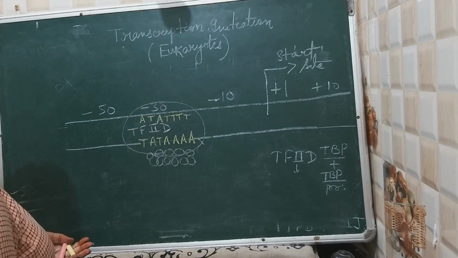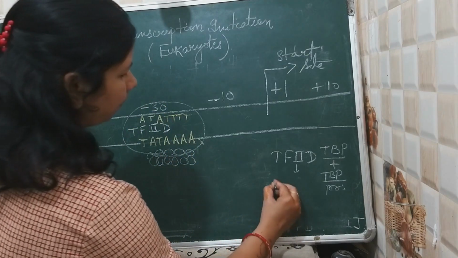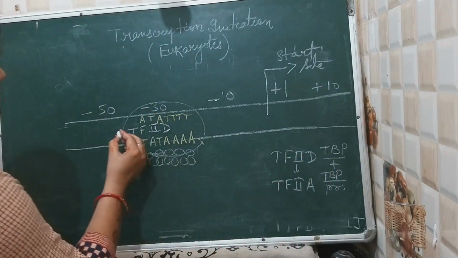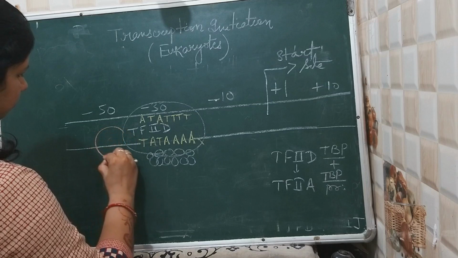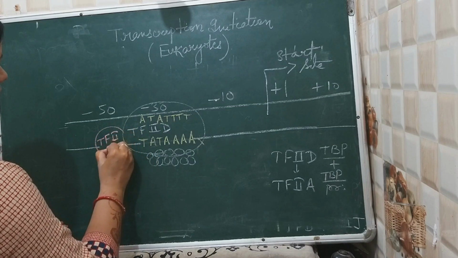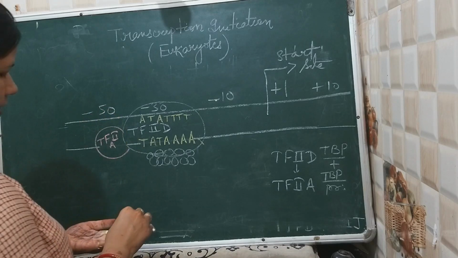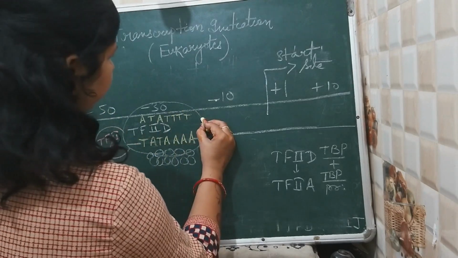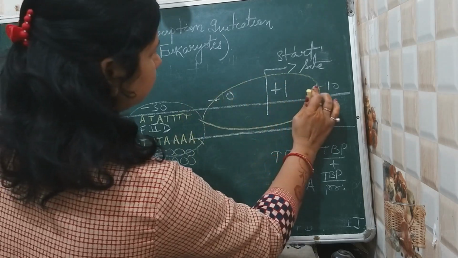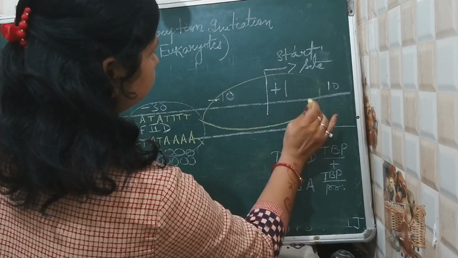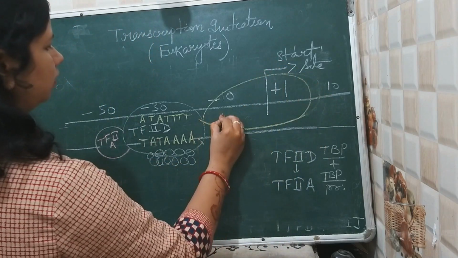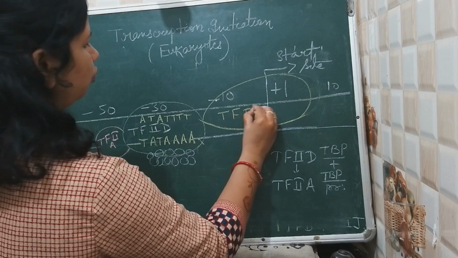Okay. Next, after that, TF2A comes and joins the complex, followed by TF2B.